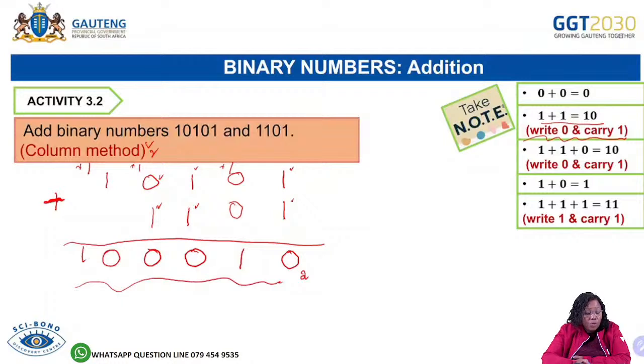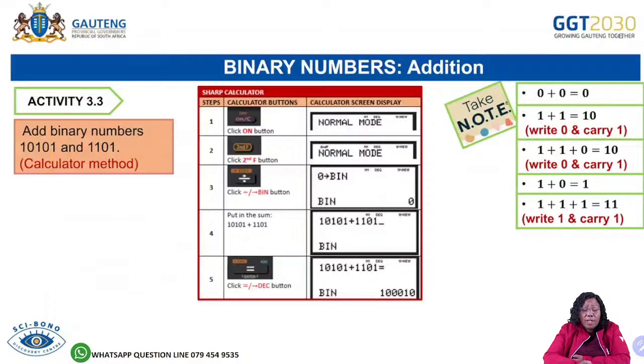Lastly, you can also use the calculator method to find this sum. It's an on button that will show a normal mode on your Sharp calculator. And then you press the second function. Under your normal mode, there will be a second F there indicating that we have brought in the second function. Then you press the division button on your calculator, and your screen will show that you are now on binary.